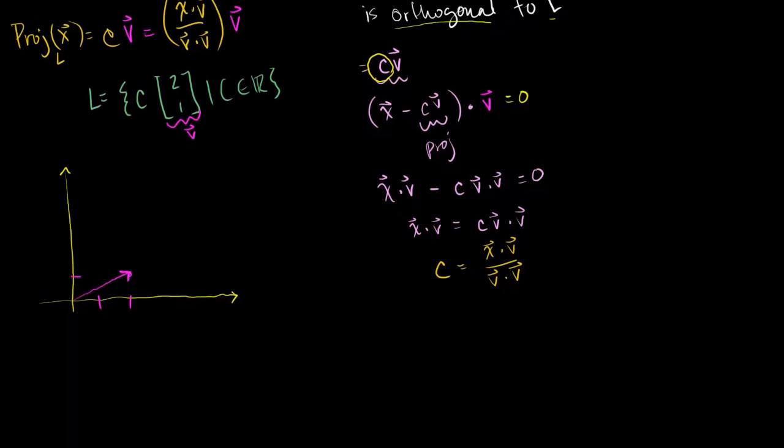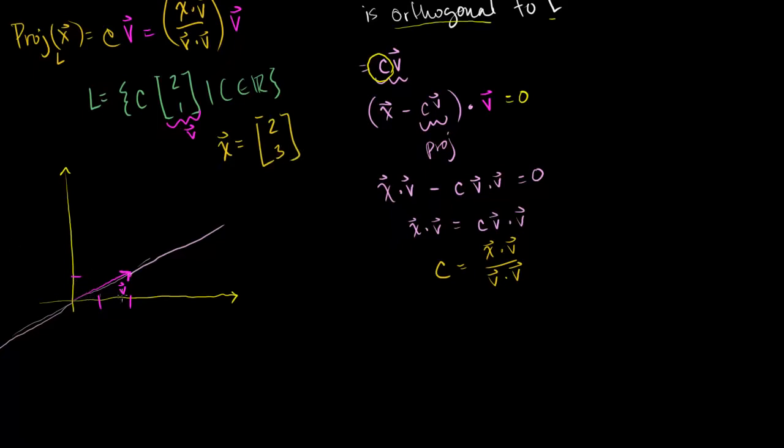And the line is all of the possible scalar multiples of that. So let me draw that. You just keep going in that direction, or you keep going backwards in that direction, or anything in between. That's what my line is: all of the scalar multiples of my vector v. Now let's say I have another vector x, and let's say that x is equal to 2, 3.